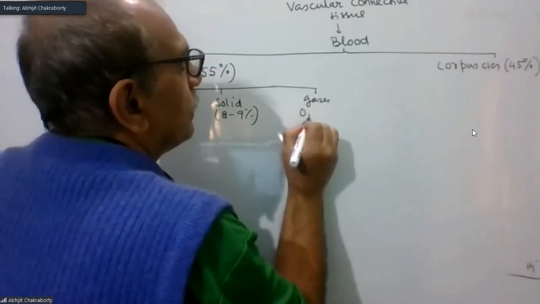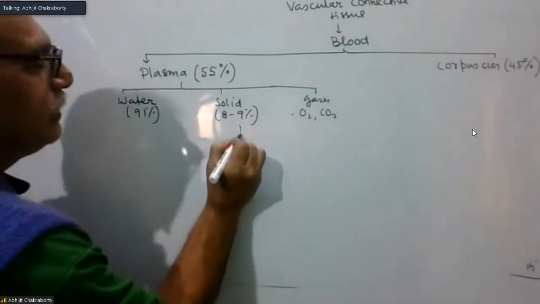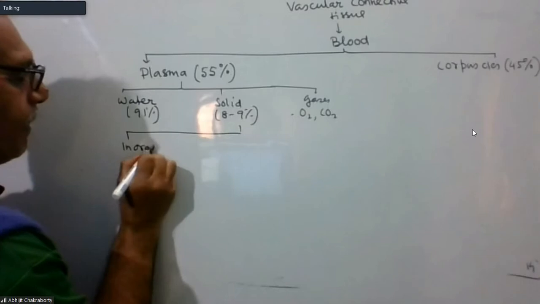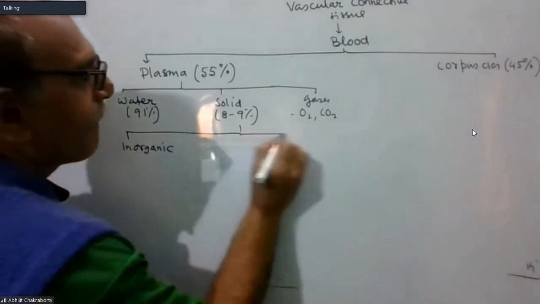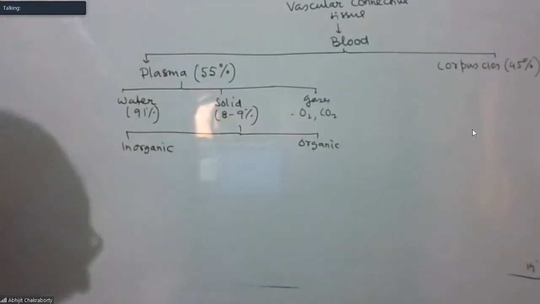Generally you will get oxygen and carbon dioxide. Solid includes inorganic and organic.